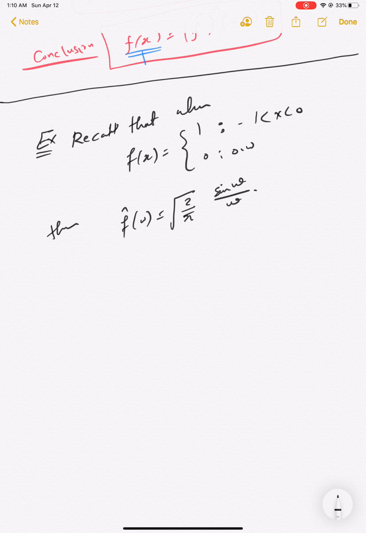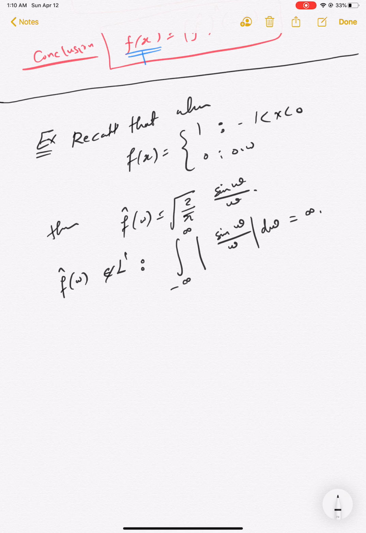Now if you look at this f hat of omega, in fact f hat of omega is not absolutely integrable. What do we mean by not absolutely integrable? We mean that the integral from -infinity to infinity of the absolute value of sine omega over omega d omega is infinite. This is a little bit harder than the level of this course, but in real analysis courses, it's well known that this integral is infinity.